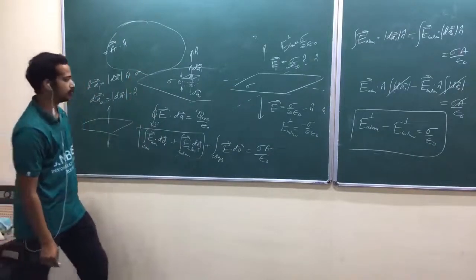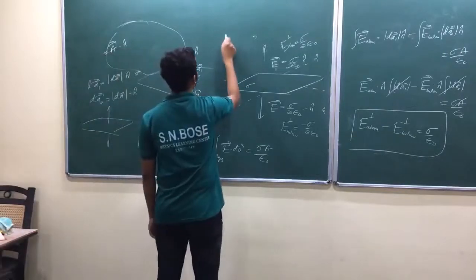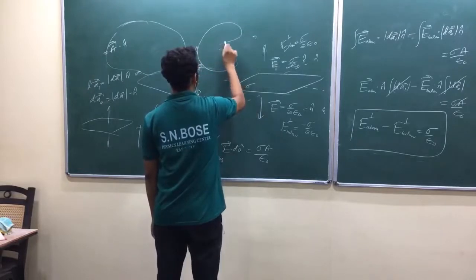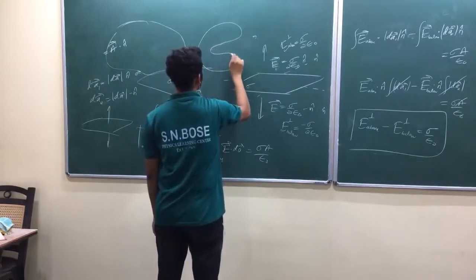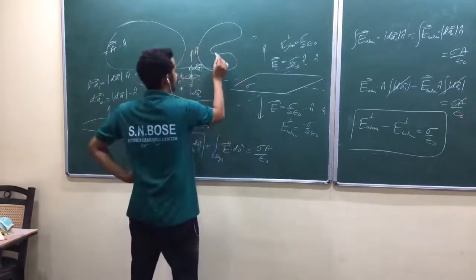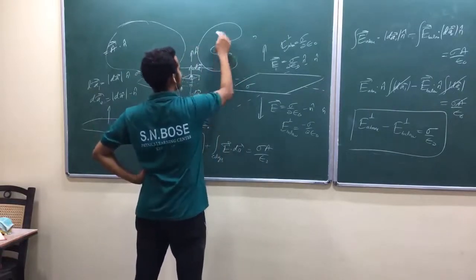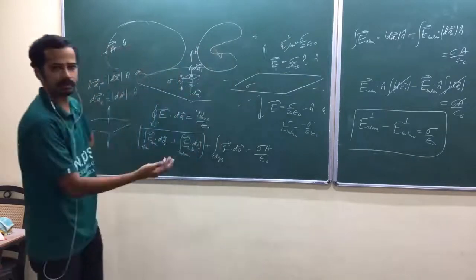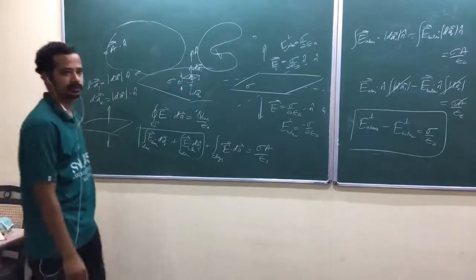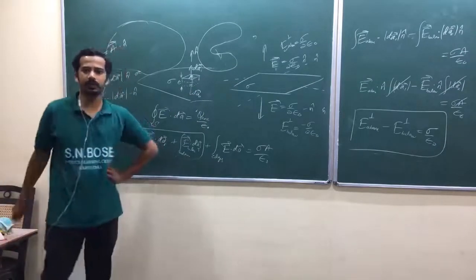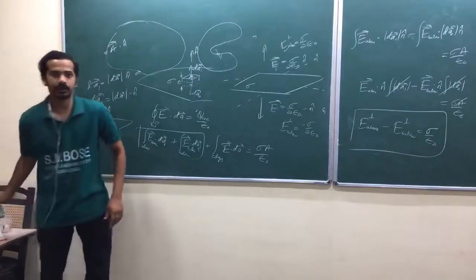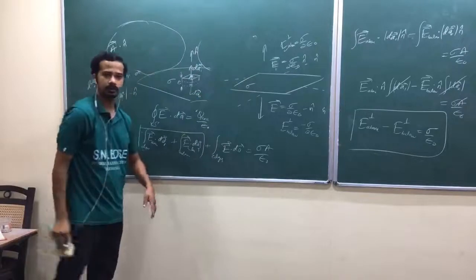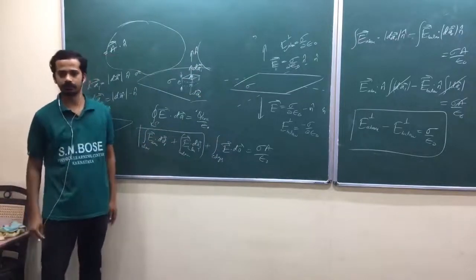Suppose you have this kind of surface and a lot of charges here, so that you may have some net electric field here. That surface area can be anywhere. That's why you better not talk about the electric field. That's the best way to derive it.